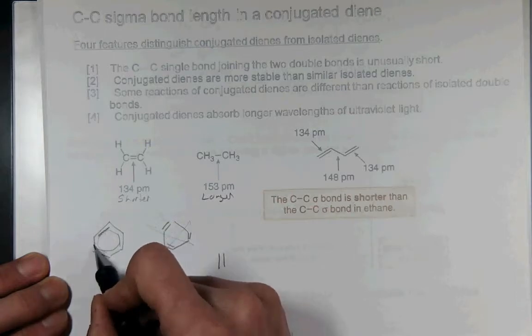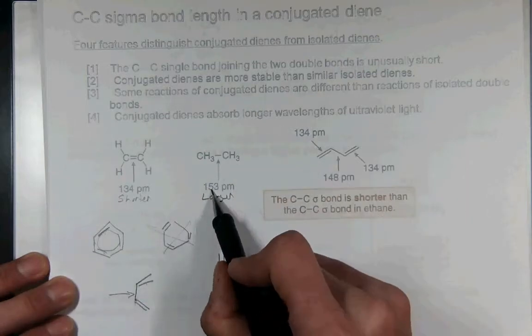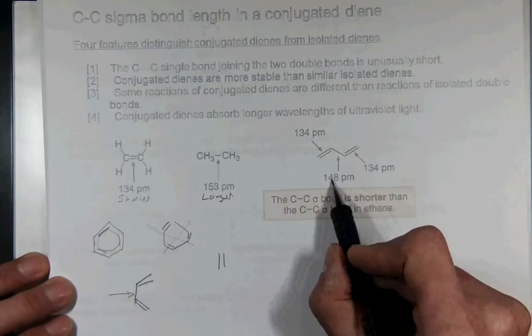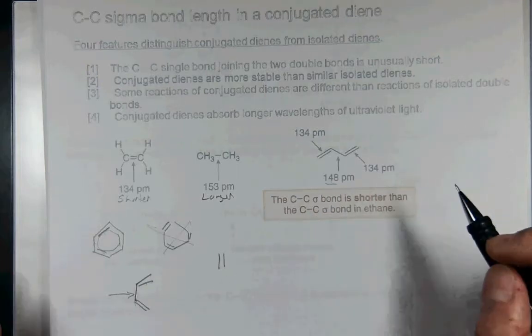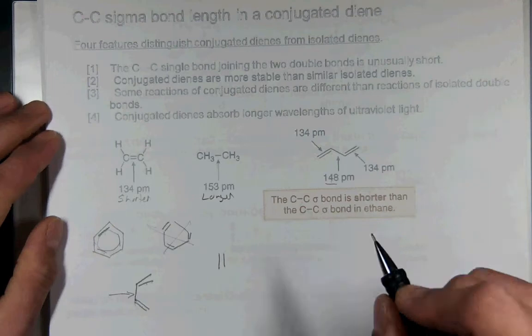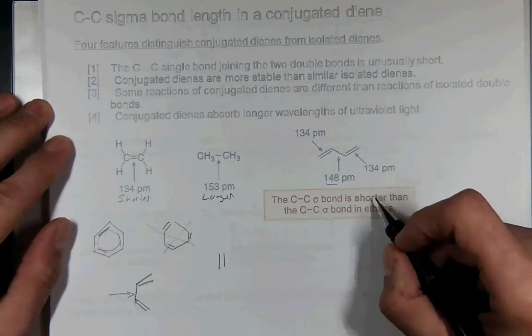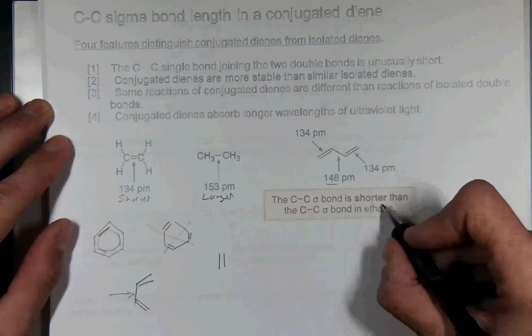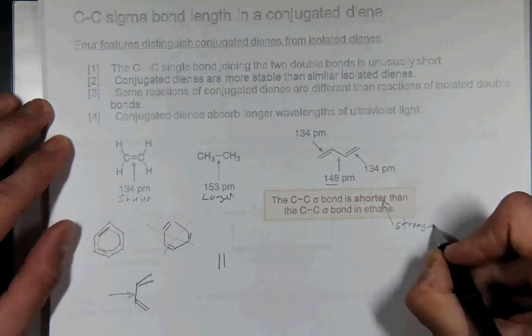This bond is shorter here, and it's shorter here as well. Whereas a single bond would normally be 153 picometers, here it's a little bit shorter, 148. Not that that makes a big difference, but remember, the shorter the bond, the stronger it is.